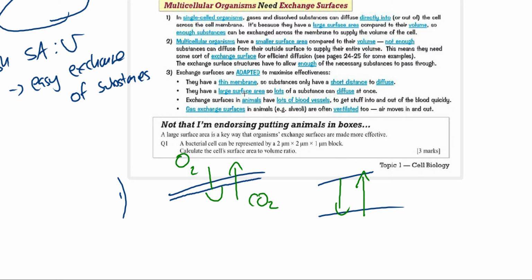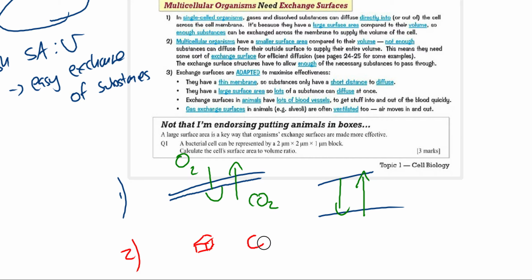So therefore, having a thin membrane is very important because it allows a very short distance to diffuse. As we've discussed, a large surface area means that we can have a lot of substances diffusing at once. So for example, for question 2, if you have a very small surface here, but then you have a much larger one, so for example, a circle is probably the best one. If you have something that's not a very good surface, like lots of jagged ridges, it might not be the best.